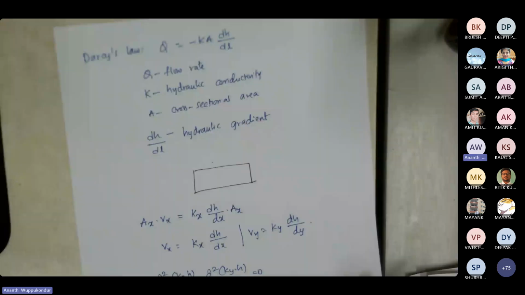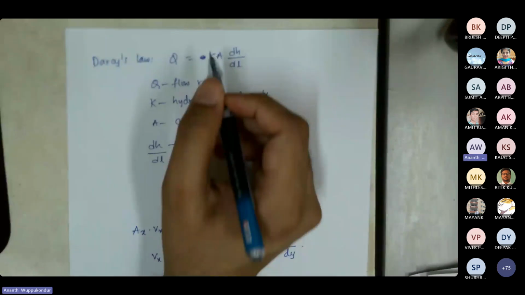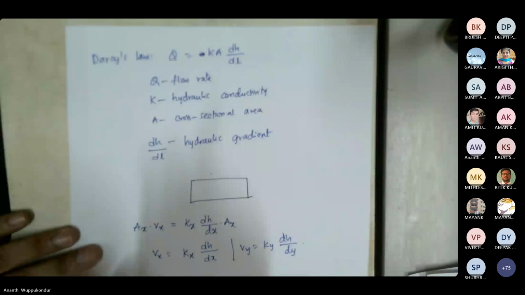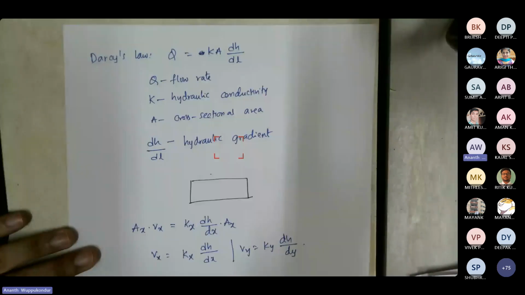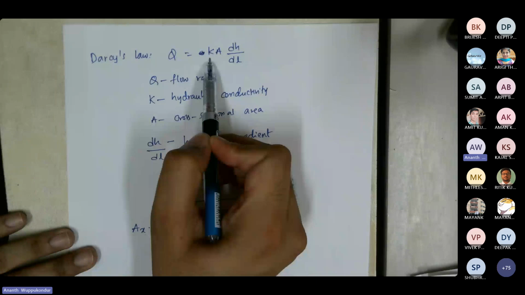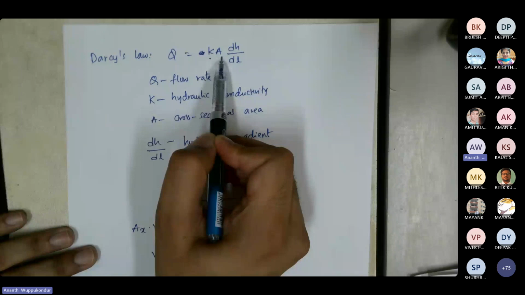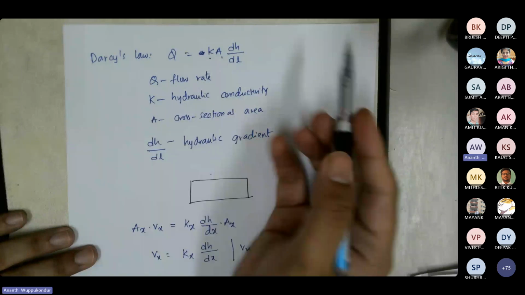This is Darcy's law, which says the flow rate is a function of the hydraulic conductivity of the material and the cross-sectional area multiplied by the hydraulic gradient. So dH is the head difference.